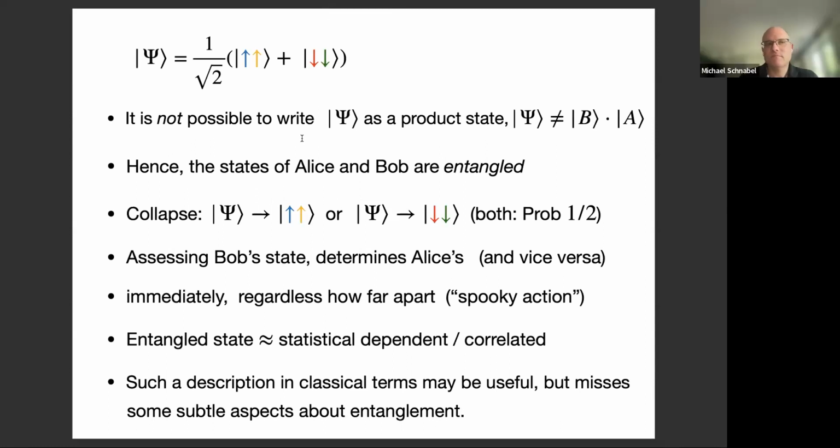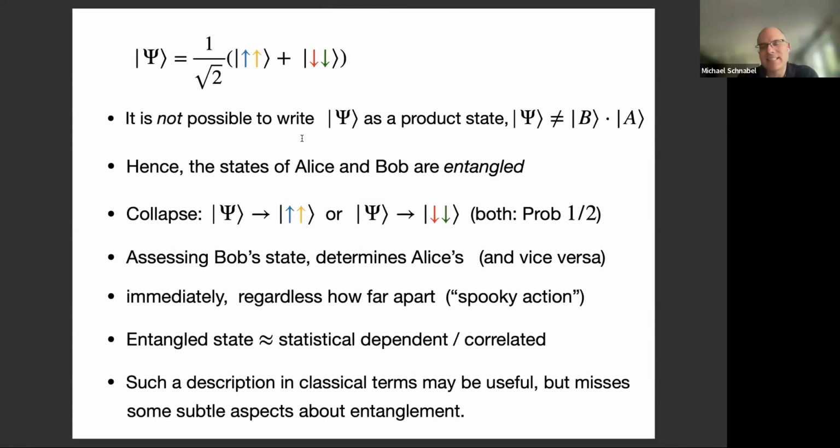Here is the statistically dependent, correlated. Okay, so we know what that means. But in a perfect correlation, one measurement determines the other. Yeah, this is different.